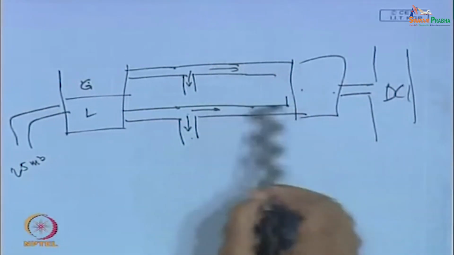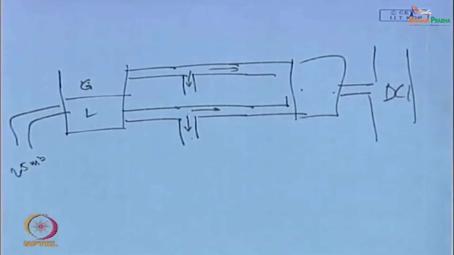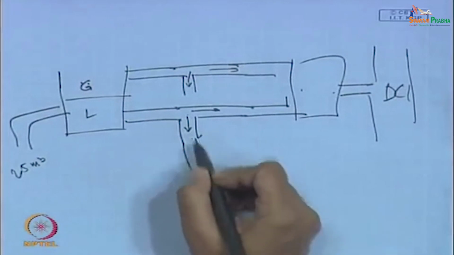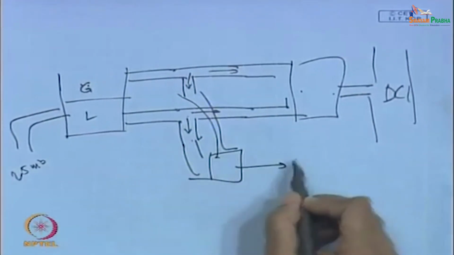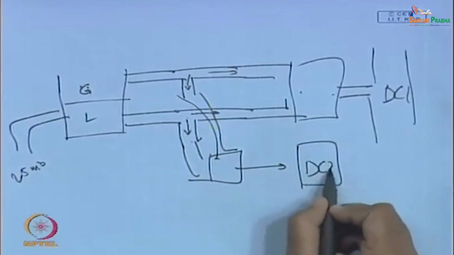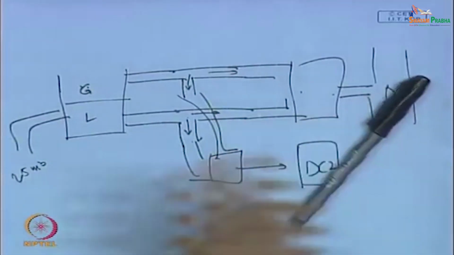So, now these two were mixed and then introduced in DC1, and the remaining proportion of gas and liquid were again mixed in one particular container, and then introduced in DC2. So, now both the columns were getting the feed composition for which they were designed and they started performing well.